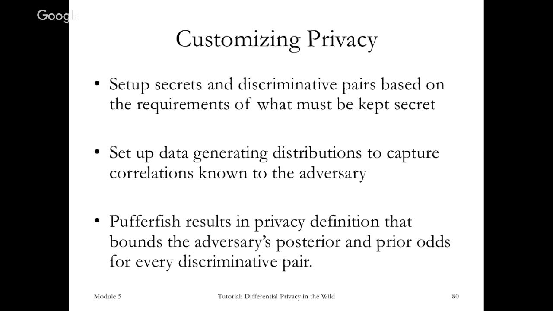Or if the properties that you want to keep secret are about degrees of nodes, then the secrets can be degrees of nodes. You can customize your privacy. You can set up your data distributions to capture what correlations are known to the adversary. And then Pufferfish results in a privacy definition that bounds the adversary's posterior and prior odds for every discriminative pair. In some sense, it gives us semantics for what privacy is.